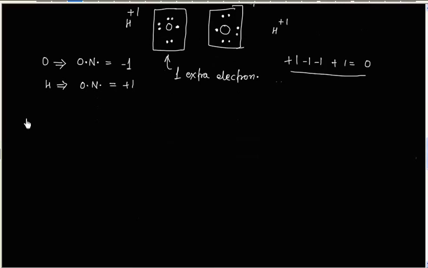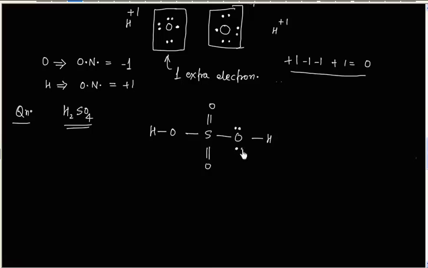Let us try the molecule H2SO4. You have to tell me the oxidation number of sulfur, oxygen and hydrogen using the Lewis dot structure. This is the Lewis dot structure for H2SO4.